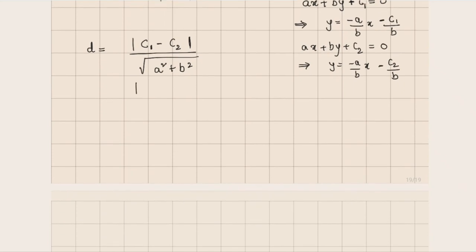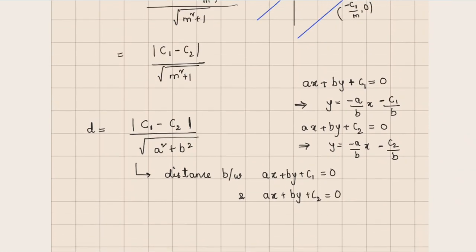This is the distance between ax plus by plus c1 equals to 0 and ax plus by plus c2 equals to 0. We just need to substitute m as minus a by b, which gives a square by b square plus 1.